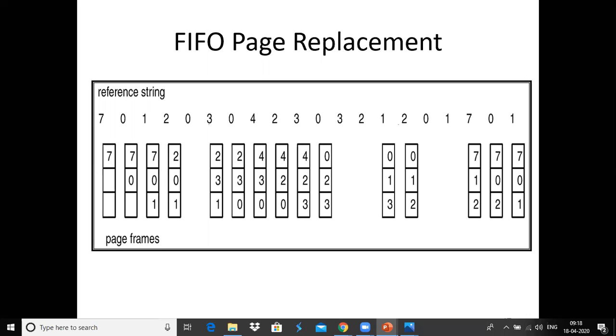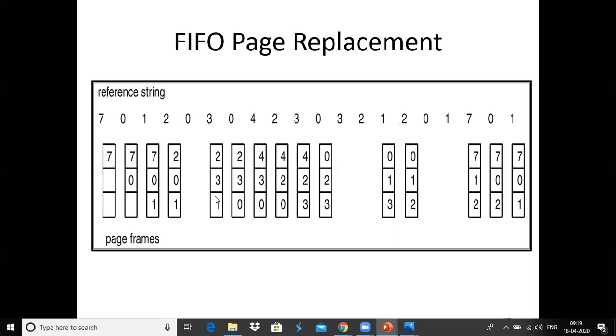As FIFO says, remove the page that came first. So replace page number 0, because it comes before 2 and 1. So we will replace page number 0 with page number 3. Again one page fault for page number 3.